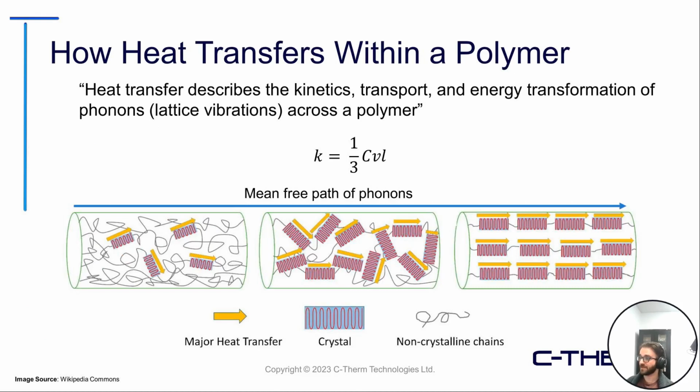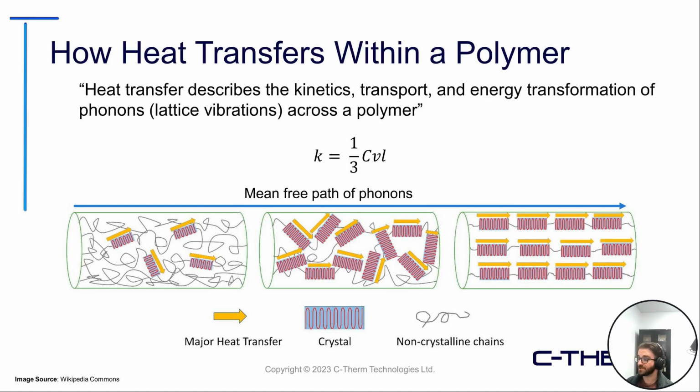A lot of the time, depending on the polymer chemistry involved, generally speaking, the more disorganized the base structure, the less crystalline, the lower the available path for phonon transfer. As you get into more crystalline structure, better organized polymer chains, that will generally increase your effective heat transfer performance.